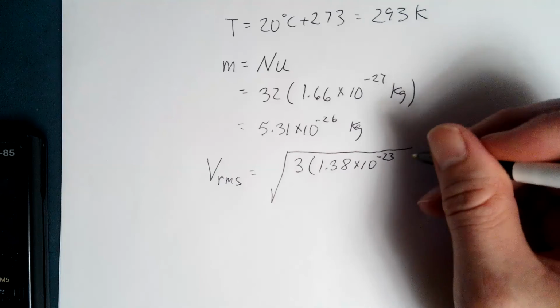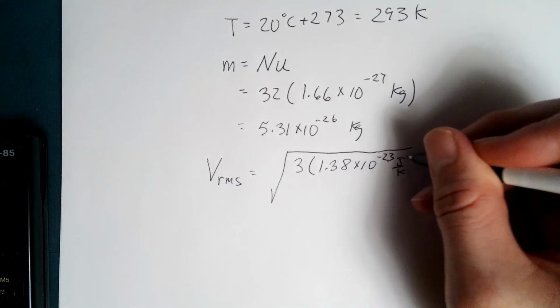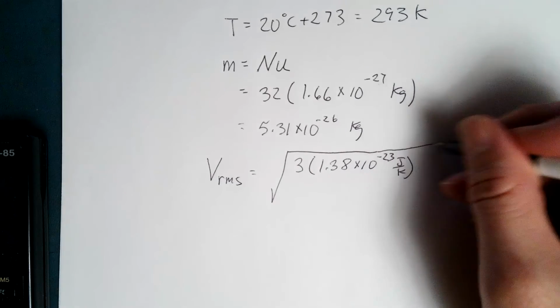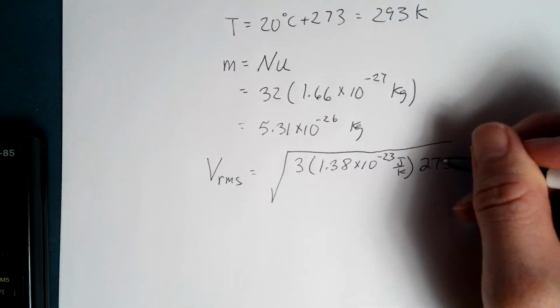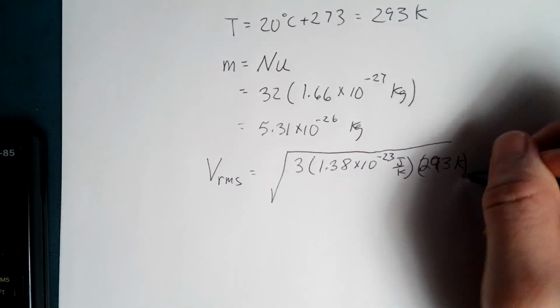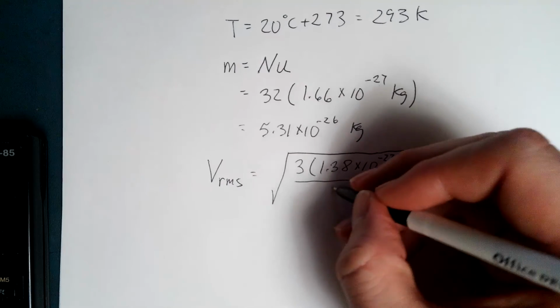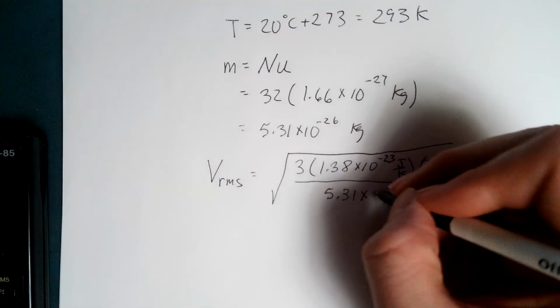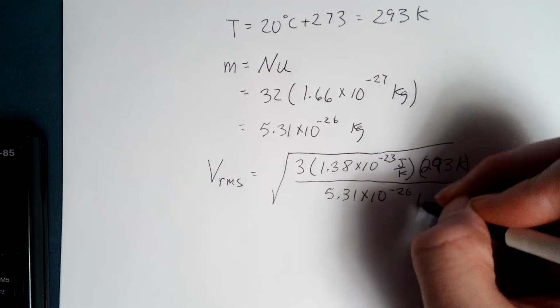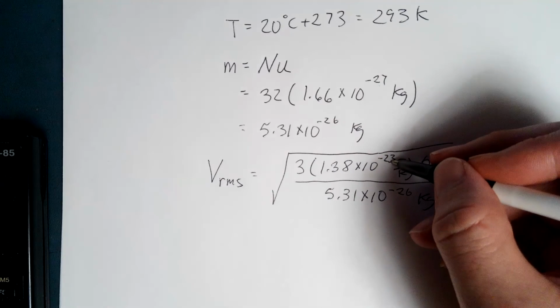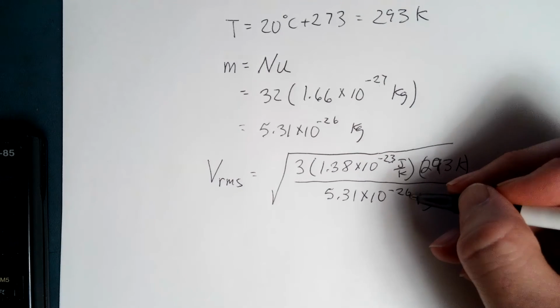Okay, now think about the numbers here. That's a small number, 293 Kelvin. But we're dividing by an even much smaller number, meaning this is a tiny amount of energy, but it's a really, really tiny amount of mass.